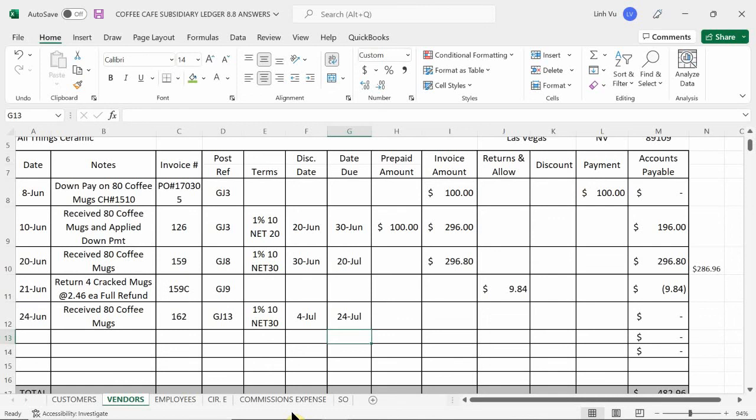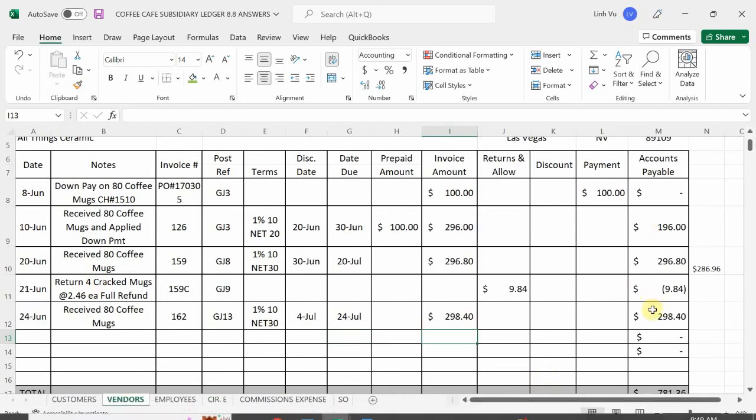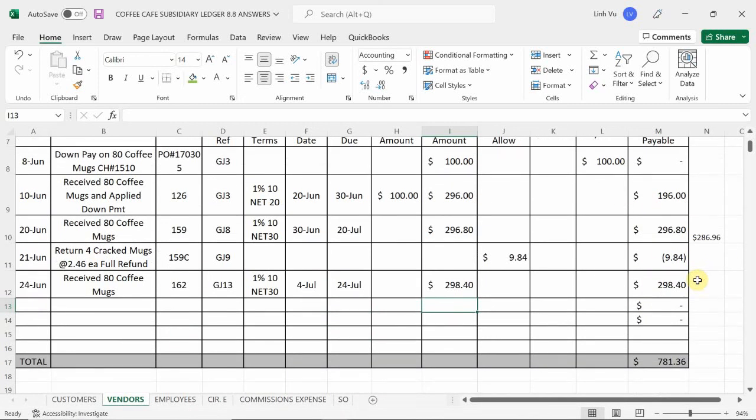So exactly, it's the 24th of July, for 298.40, and that's going to cause me to owe 298.40.